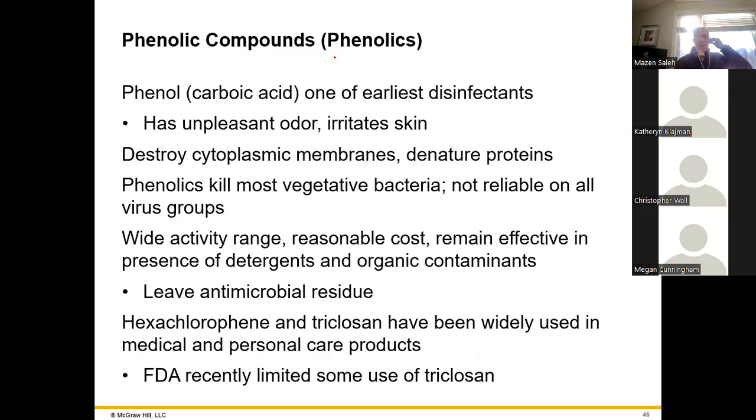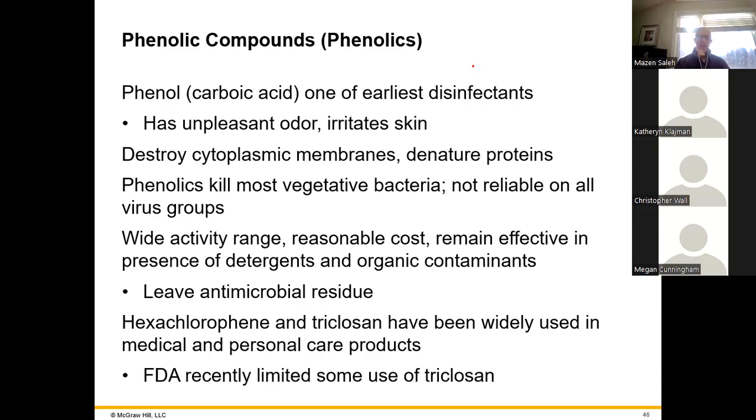Phenolic compounds, such as phenol, we've touched on early in the class. It's one of the earliest disinfectants, in fact, but it does have a bad odor, and it is quite irritating to the skin. And obviously, it is toxic for internal consumption, right? It is very effective at destroying cytoplasmic membrane and denatures proteins.